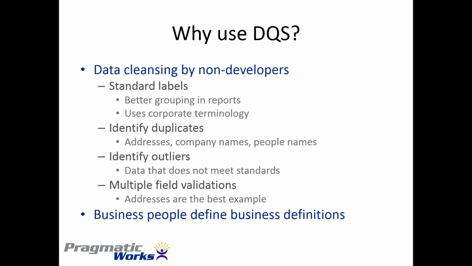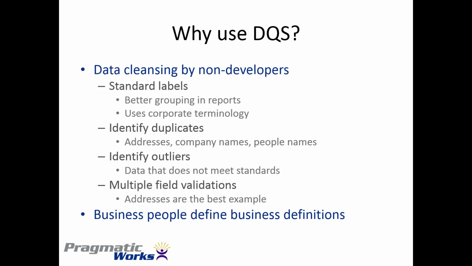Another really valid DQS function that I like a lot is the ability to identify an outlier. If I have a birth date field and my application doesn't put any controls over what the birth date is, somebody could easily put in 1859 instead of 1959.